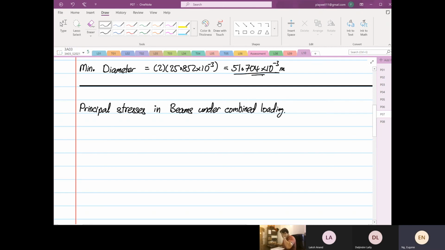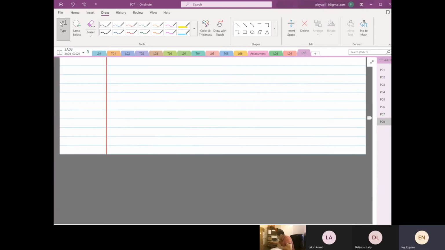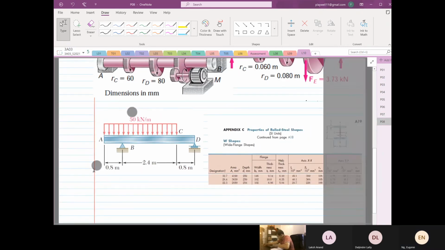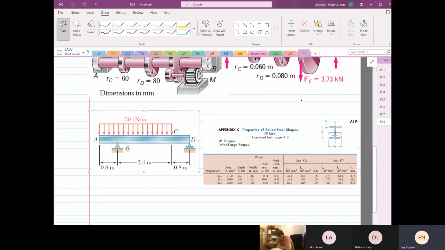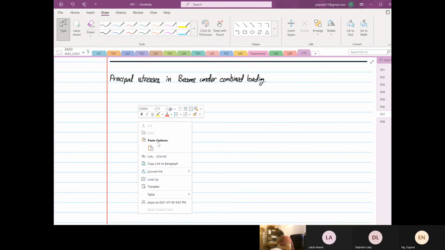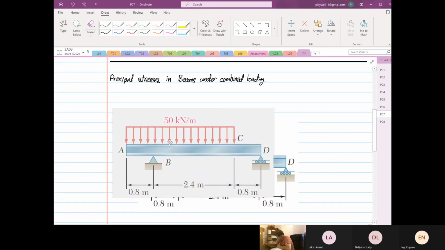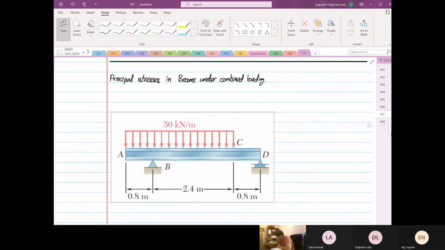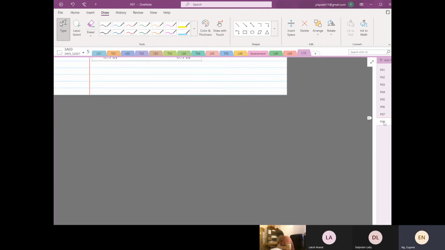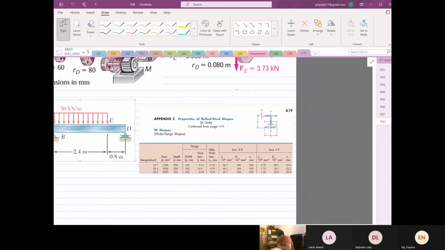Under combined loading, so again, I'm going to take the image down here. This is the beam, and then I'm going to take the cross section or information regarding the beam.